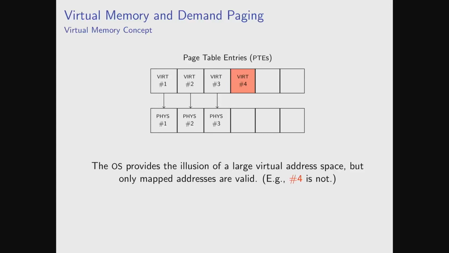Fundamentally, the implementation has to do with virtual memory and on-demand paging. So in a demand-paged environment, processes appear to have a large address space, but in reality, they only consume as much memory as there are physical pages assigned to their virtual pages. So for example, on this diagram, virtual page number 4 does not have a corresponding physical mapping, so it doesn't have to consume a physical page for that virtual page.